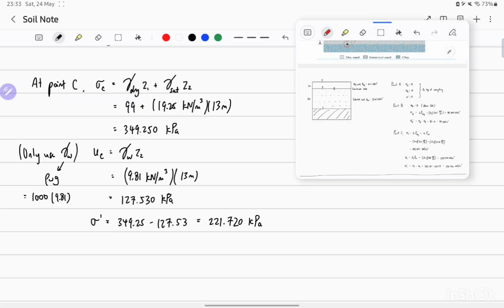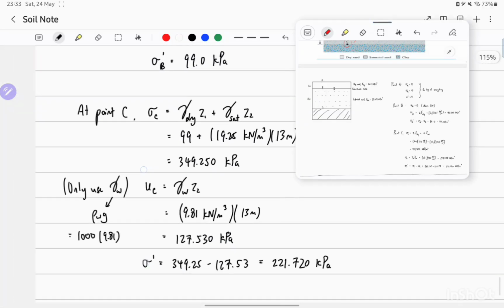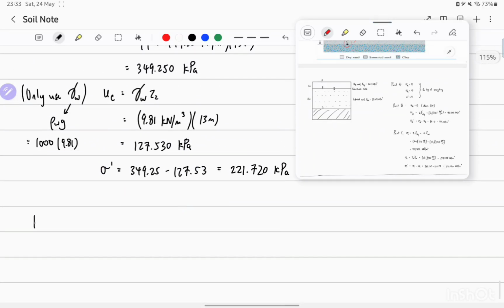Now this is fairly simple, so just a note. The note is to find total stress first. It will be the sum of the unit weight of a layer times its depth.